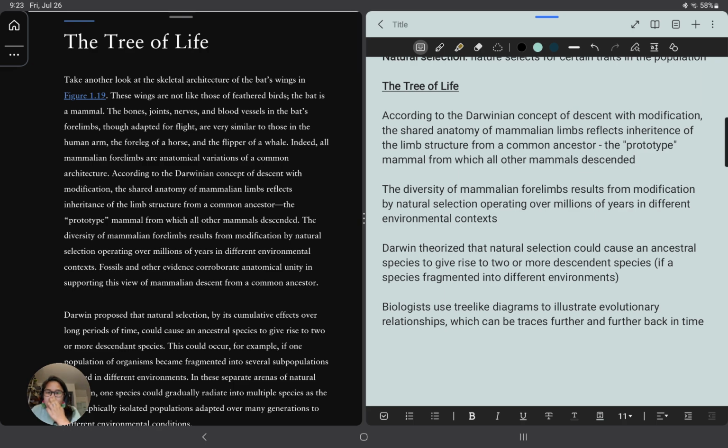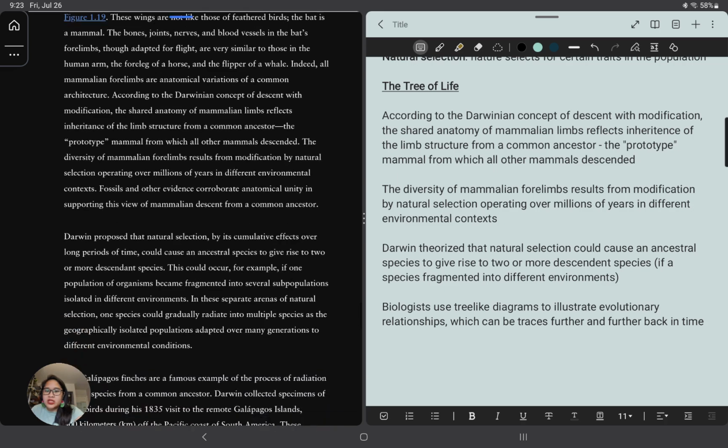According to the Darwinian concept of descent with modification, the shared anatomy of mammalian limbs reflects inheritance of the limb structure from a common ancestor, the prototype mammal, from which all other mammals have descended. The diversity of mammalian forelimbs results from modification by natural selection operating over millions of years in different environmental contexts.